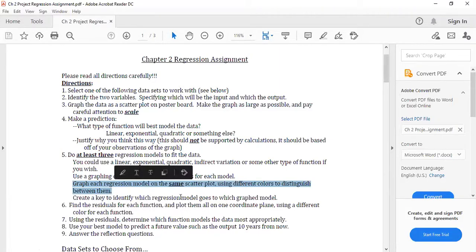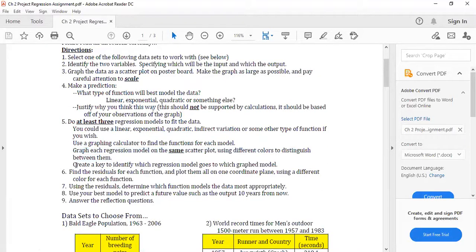I want all 3 models on the same scatter plot. So in the end, I should be seeing one graph with all 3 models on it. And then I also want you to create a key to identify which regression model goes to which graphed model. So which one is which. Give me a key for it.